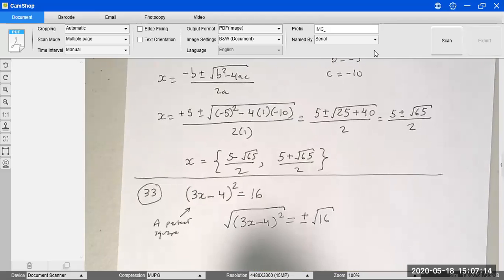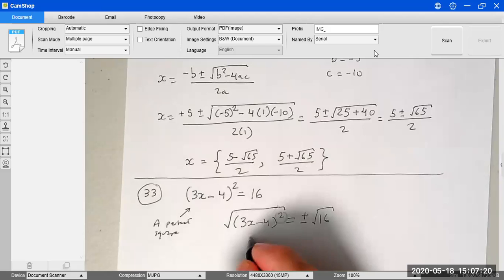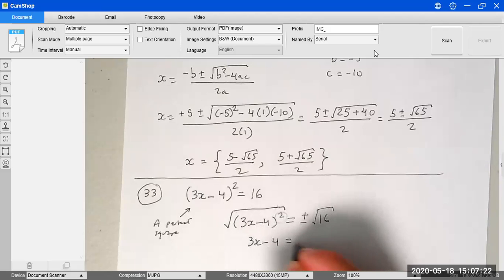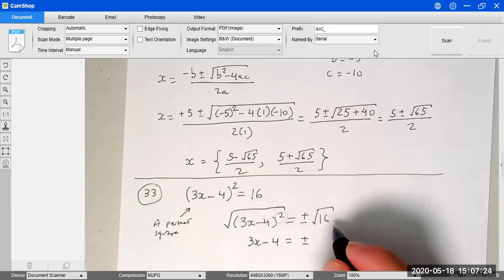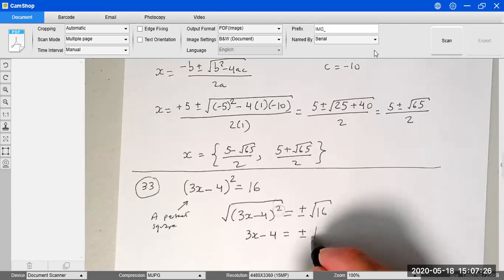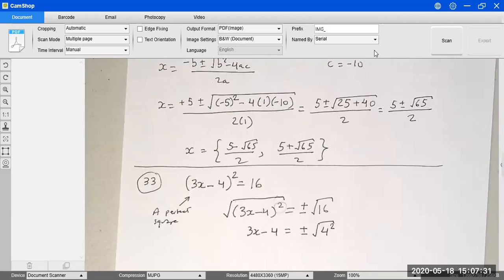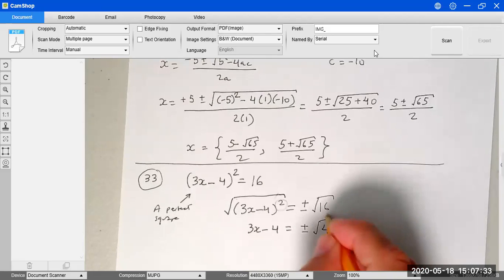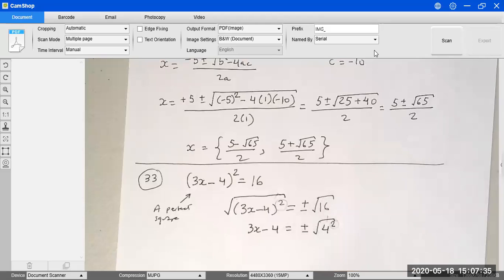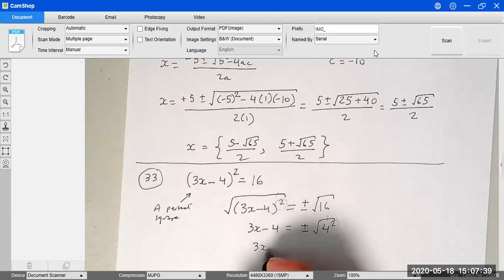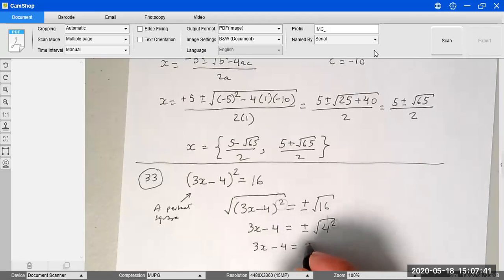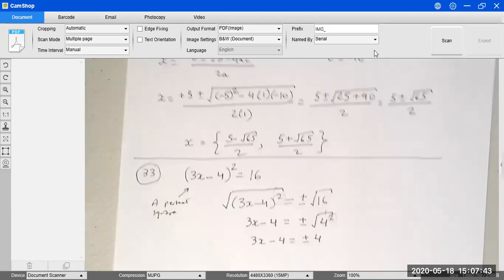So now we can cancel the exponent and the radical. So we have 3x minus 4 equals plus or minus, and now here you have 16, which is a perfect square, so you can write 4 squared. And the same thing, you can cancel the radical sign and the exponent. So we have 3x minus 4 equals plus or minus 4.